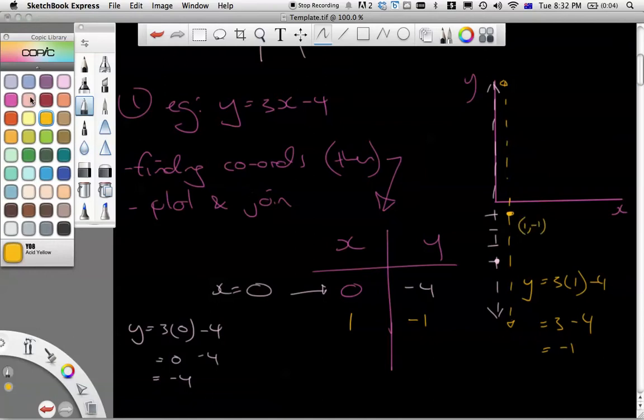And I guess I could put in that coordinate from before, which was 0, negative 4. Okay, now the point here, I could point out that two points is always enough to plot a line, right?